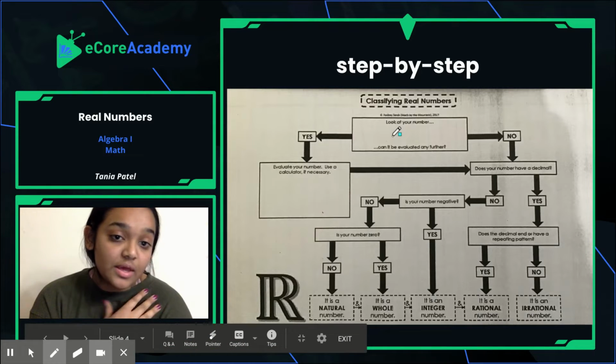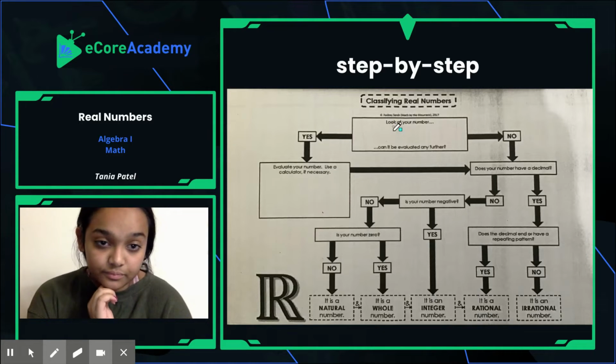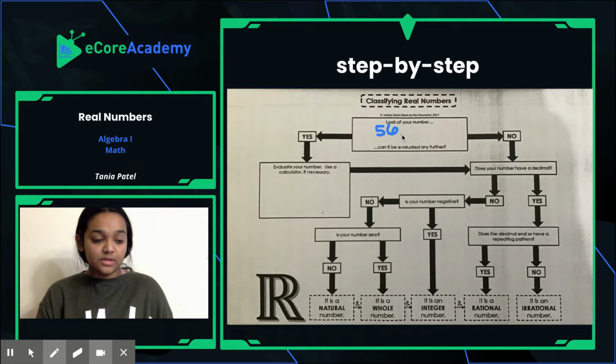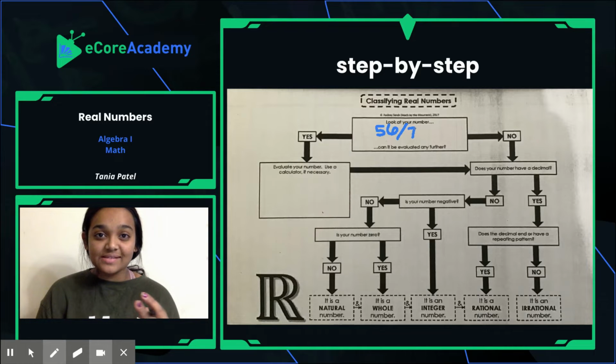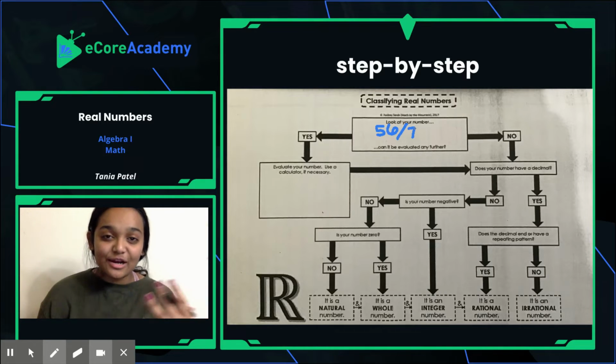So using this chart, our first example is going to be 56 over 7. So this chart is kind of our thought process when deciding what type of number it is. So we're just going to follow the questions, the answers, the arrows.